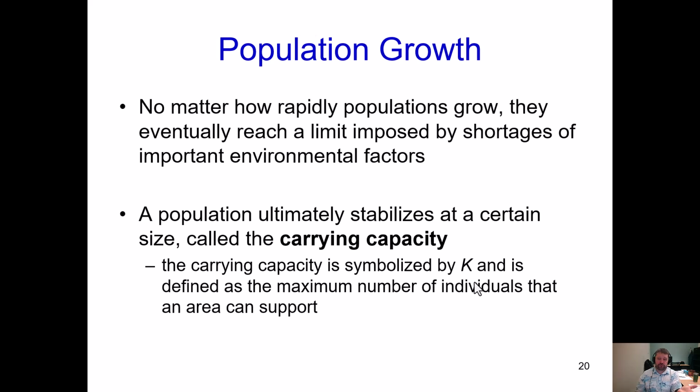So those sponges are limited by the number of hard surfaces in that environment. That's their carrying capacity. Maybe there's plenty of food coming in, since they're filter feeders, but the actual carrying capacity is the number of hard surfaces. There are lots of situations where carrying capacity is not food related, but might be something else.